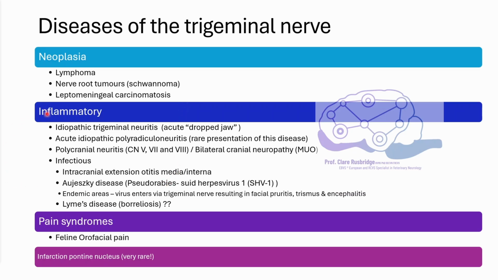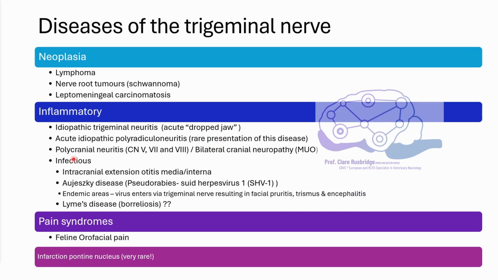Most common cause of acute onset trigeminal problems is idiopathic trigeminal neuritis. It's an acute dropped jaw. You can also see it as part of an acute idiopathic polyradicular neuritis, but this disease, so-called Guillain-Barré syndrome in humans, is typified by an ascending paralysis. It's actually very rare to be involving cranial nerves, but it will be seen occasionally.